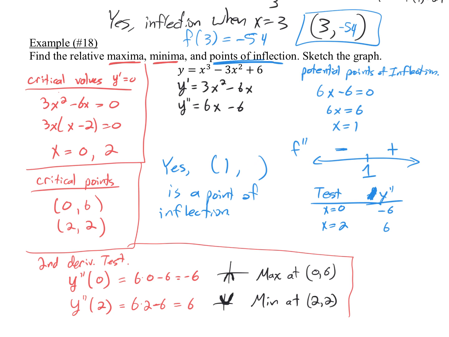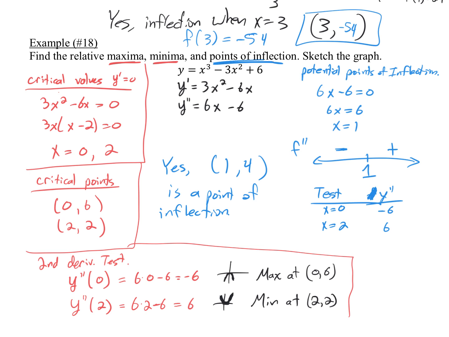What is the y value associated with 1? Well, in order to find that out, you would have to plug 1 into this function. So that would be 1 minus 3 is negative 2, plus 6 would be 4, so our y value is 4. We have finished almost all of this question.